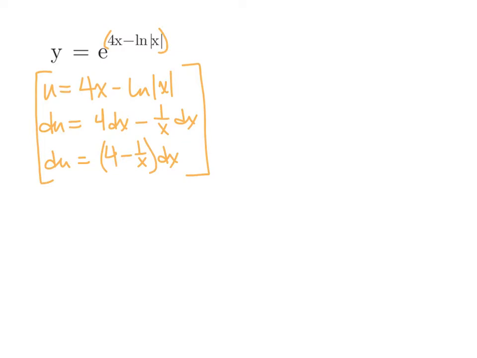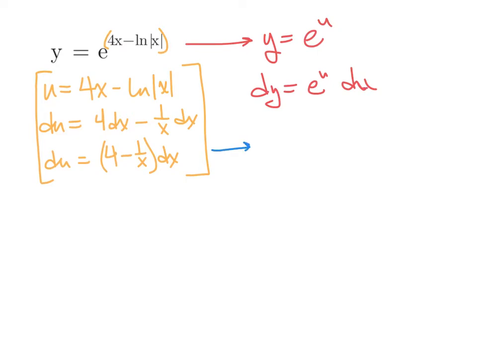So we'll go back to the beginning, rewrite y in terms of u, of e to the u, and take the differential. dy is going to equal e^u du. Next, we return everything back to being in terms of x's.